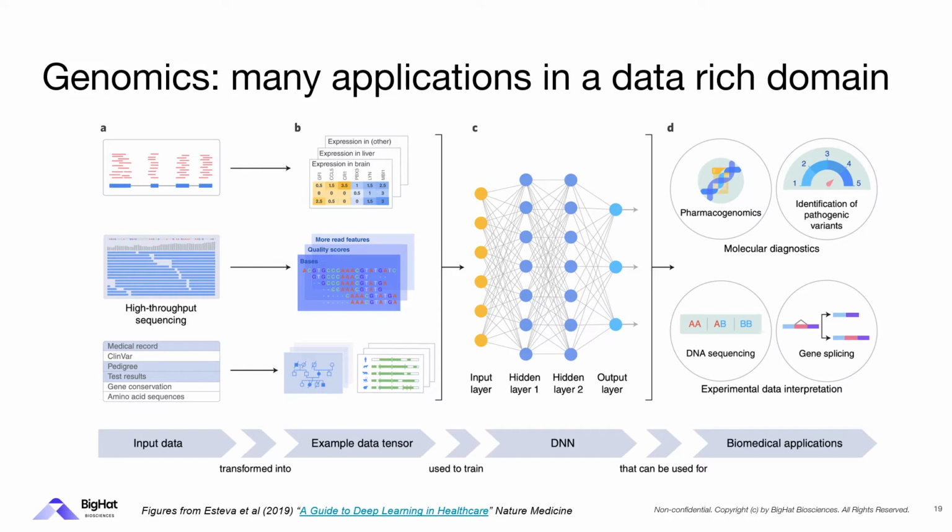Another big application area for deep learning tech in healthcare is in the genomics data. This is in part because, again, there's so much rich data in genomics from the explosion of sequencing in the last 10 years.